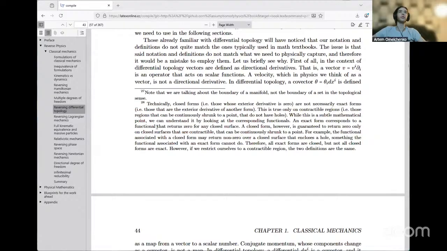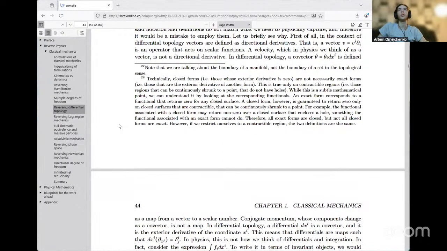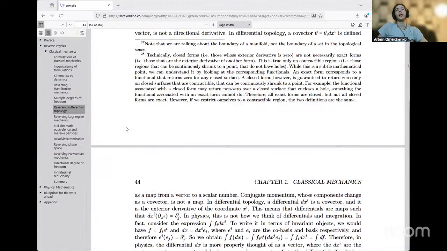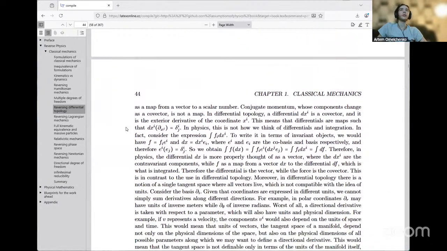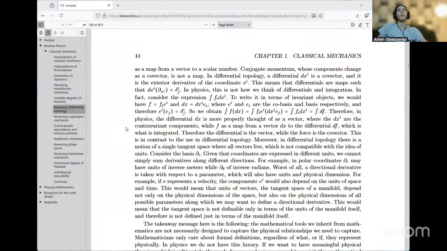A velocity, which in physics we think of as a vector, is not a directional derivative. In differential topology, a covector is defined as a map from a vector to a scalar number. Conjugate momentum, whose components change as a covector, is not a map.